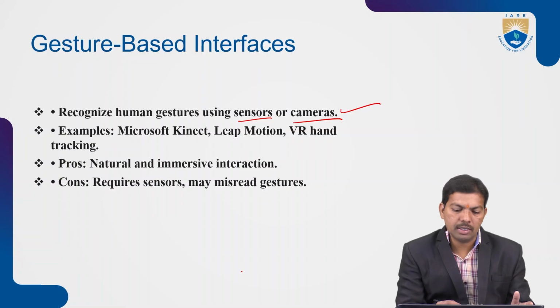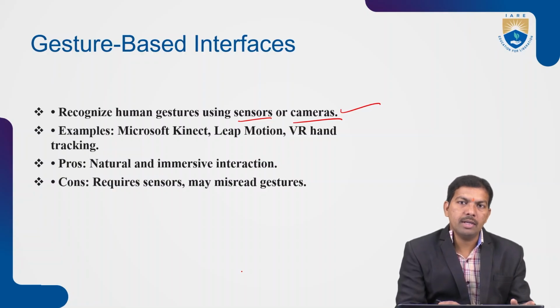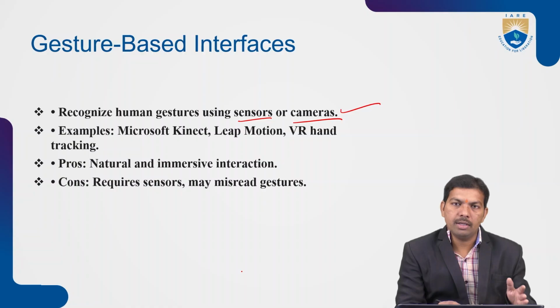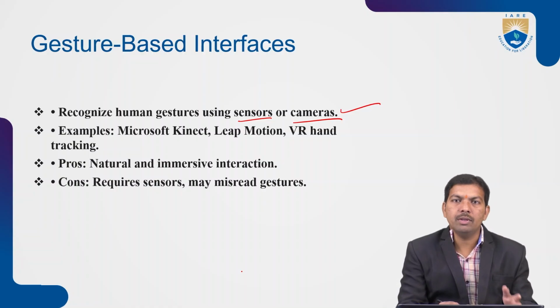Based on the gesture, the sensor is activated, or we are using cameras. The camera captures the human gesture, recognizes and understands it. After understanding, it will communicate with the application.